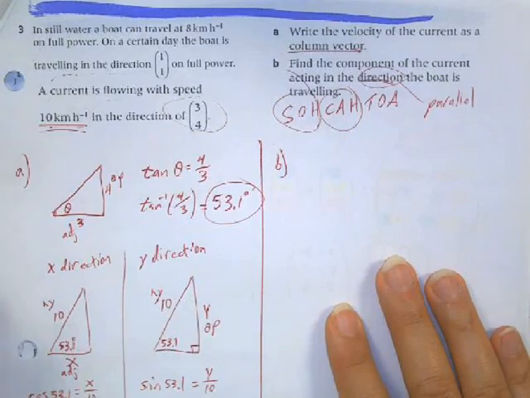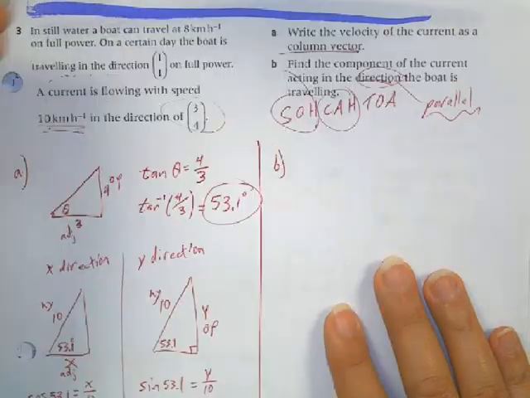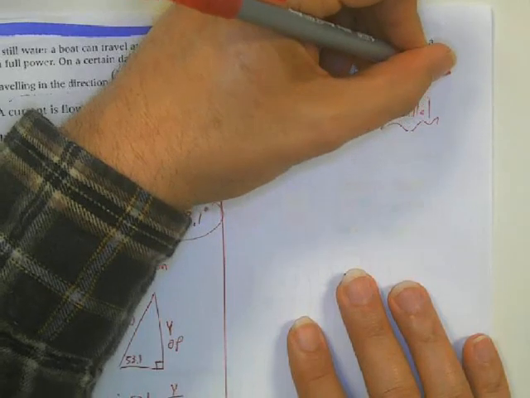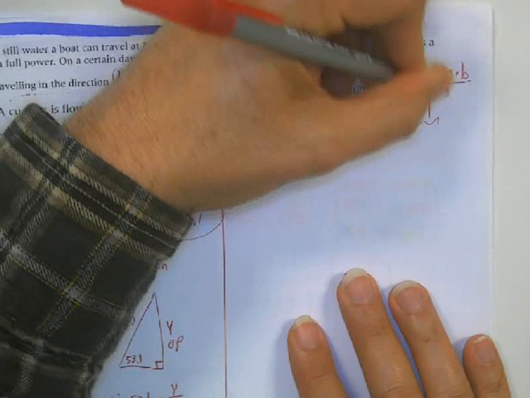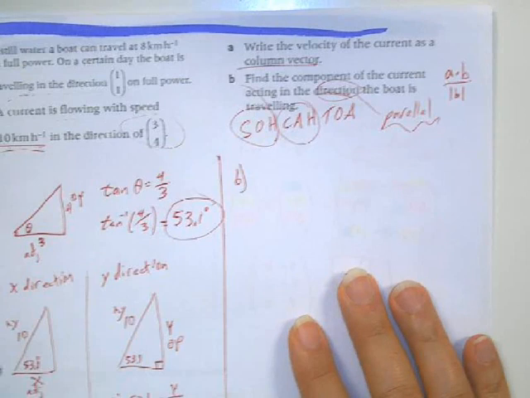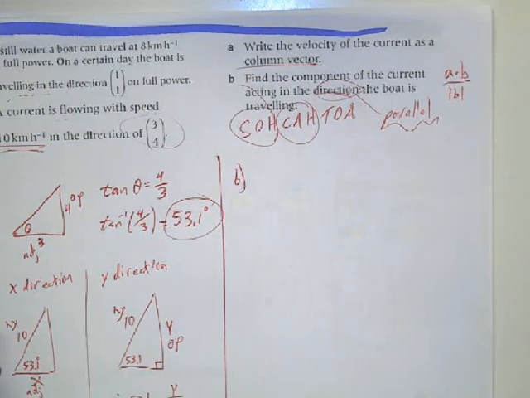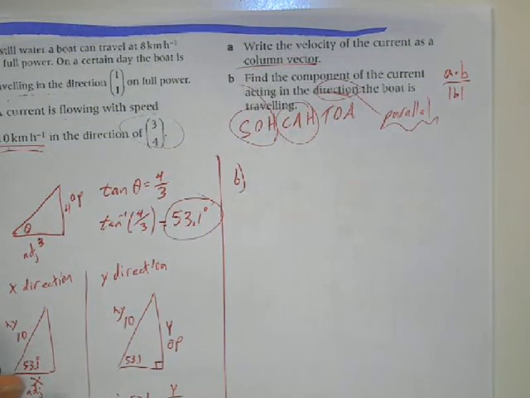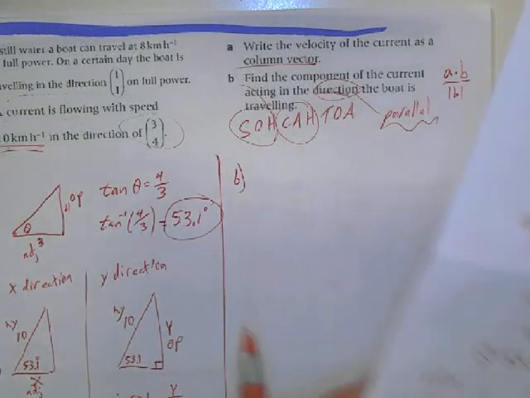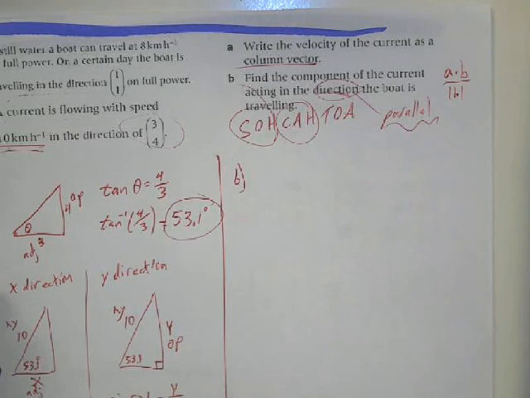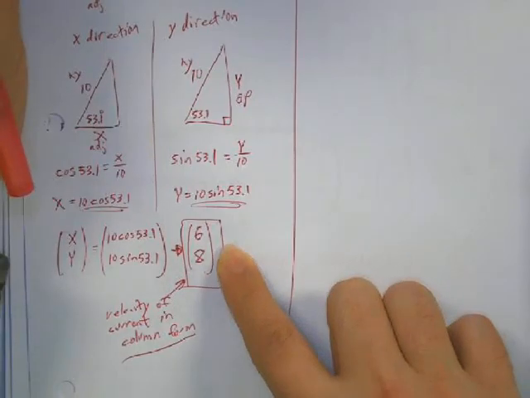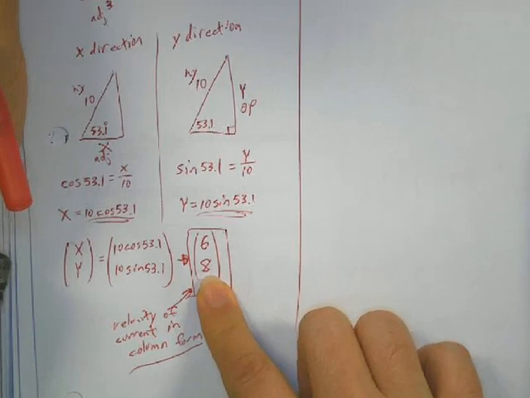So if it's parallel, then we know we're going to be doing A dot B over the magnitude of B. So we need to figure that out. First we need to figure out a column vector for the direction of the boat.